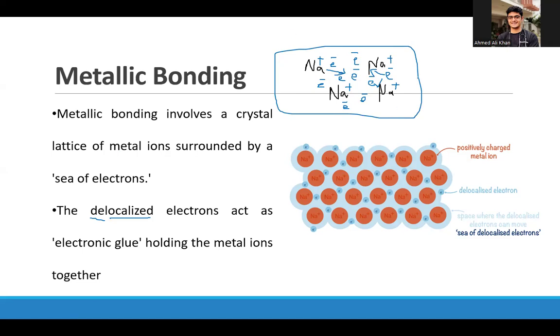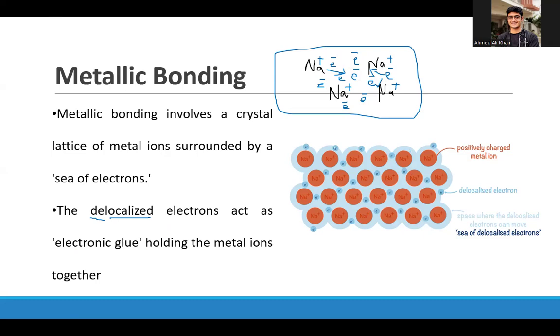This is how metallic bonding occurs. Simply, it is the force of attraction between the positively charged metal ions and a sea of electrons. The delocalized electrons act as an electronic glue and hold the metal ions together. That's how metal atoms bond.